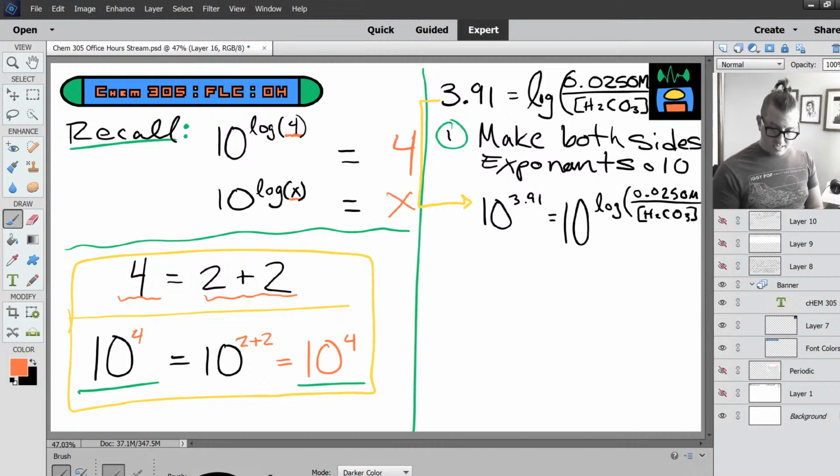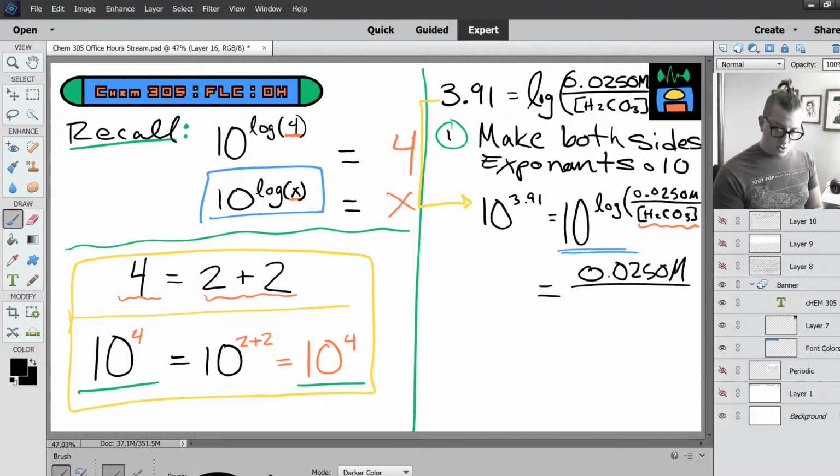The answer is on this side of the equation. Whenever you have 10 to the power of log x, the answer is whatever's inside the parentheses. So this side is just equal to 0.0250 molar over the concentration of carbonic acid, and that's equal to 10 to the 3.91.